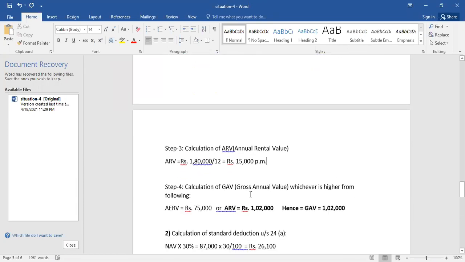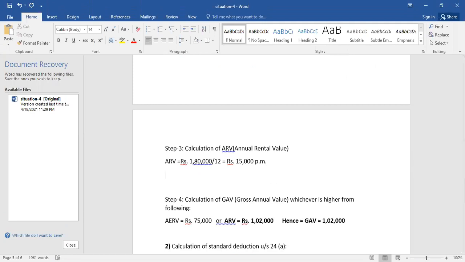So now ARV is equal to rupees 1,80,000. Per month it is 15,000. So here when you want to calculate the ARV, it is rupees 1,80,000 minus 15,000 rupees for unrealized rent.